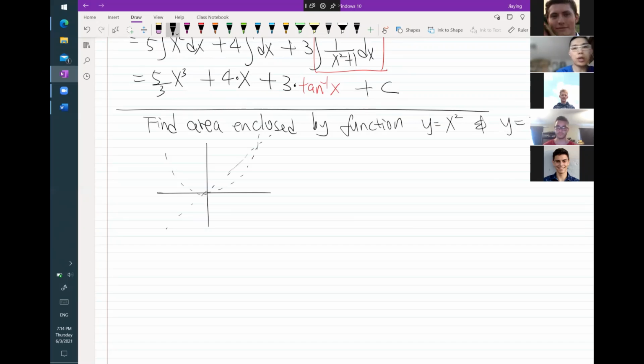And obviously we want an enclosed area, right? So we wouldn't take anything on the left because that's not a closed region. The closed region is from here to there, between the straight line y equals x and y equals x squared. That's the enclosed region, and we're looking for that area.